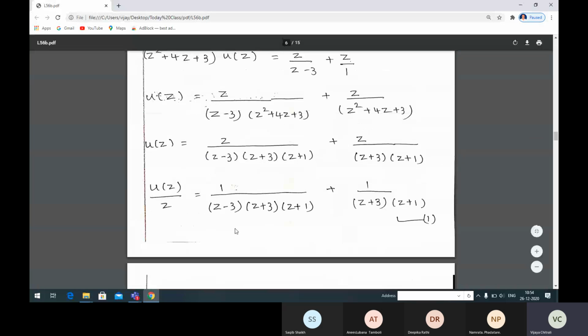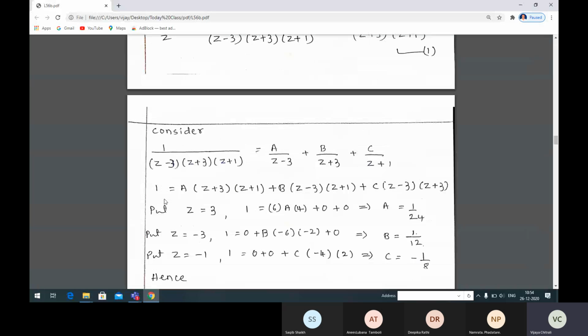So consider the first one, 1 upon z minus 3, z plus 3, z plus 1. All factors are different, so we can write this as a divided by z minus 3 plus b divided by z plus 3 plus c divided by z plus 1. Now take the LCM and simplify the denominator on both sides.